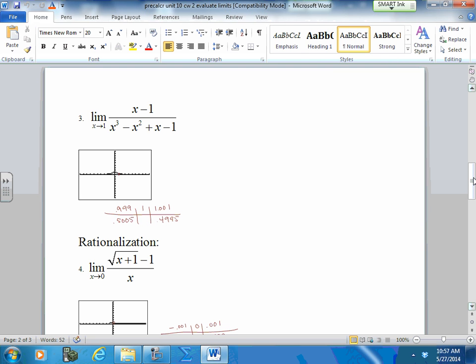And again, you notice if I plugged in a 1 down here, 1 cubed would be 1, 1 squared would be 1, 1. What would my denominator be equal to? 0. So I can't do this. I have a restriction.